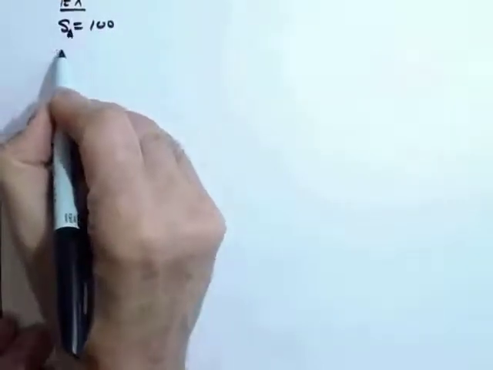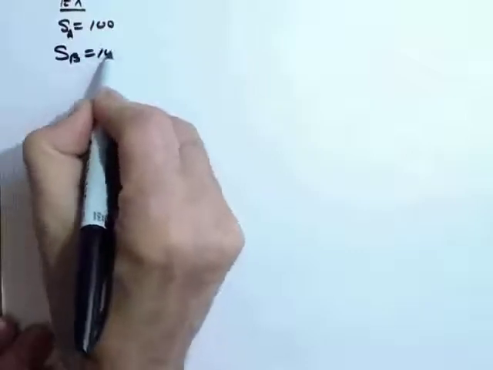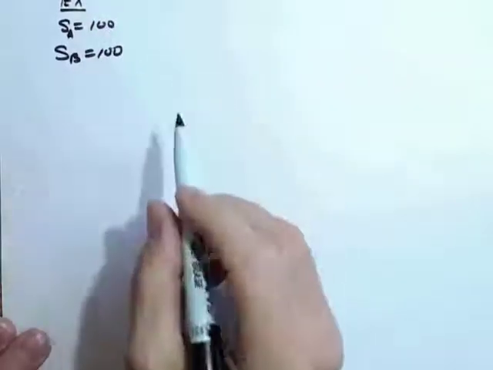Okay, so this is what we would do. Let me give you an example, and then we'll actually do the lattice work. So we're going to say stock price equals 100 for A. The stock of B equals 100. There's no X in this technically.